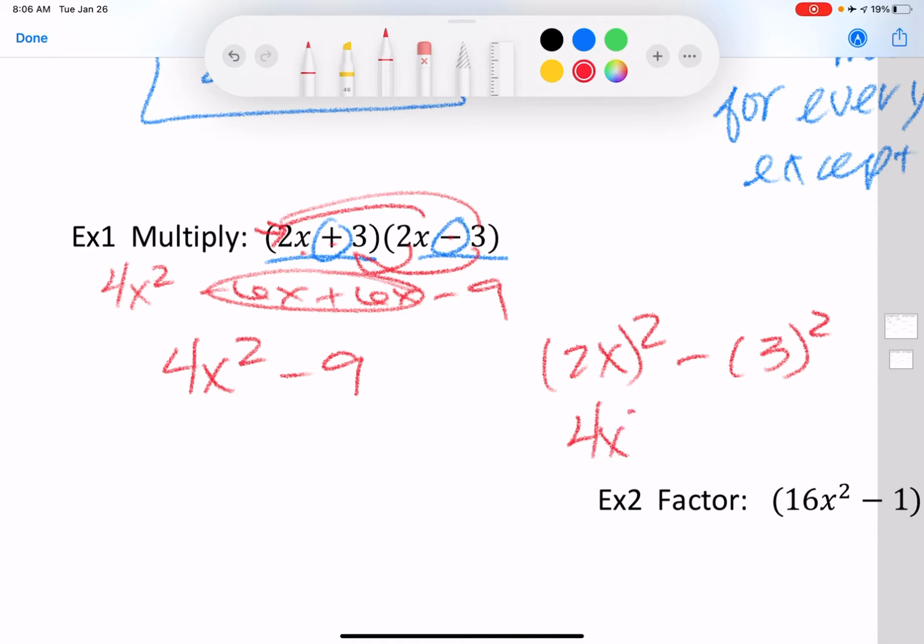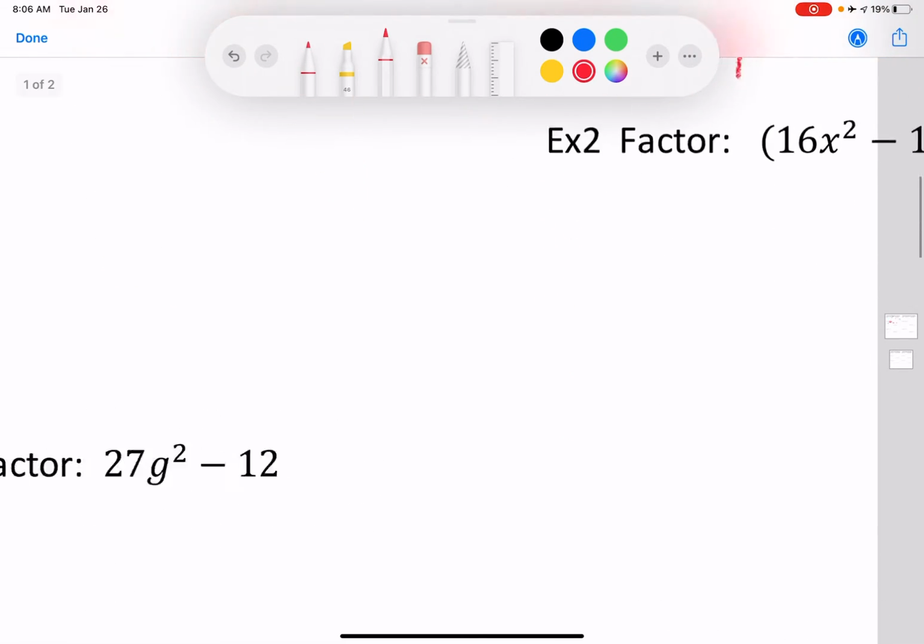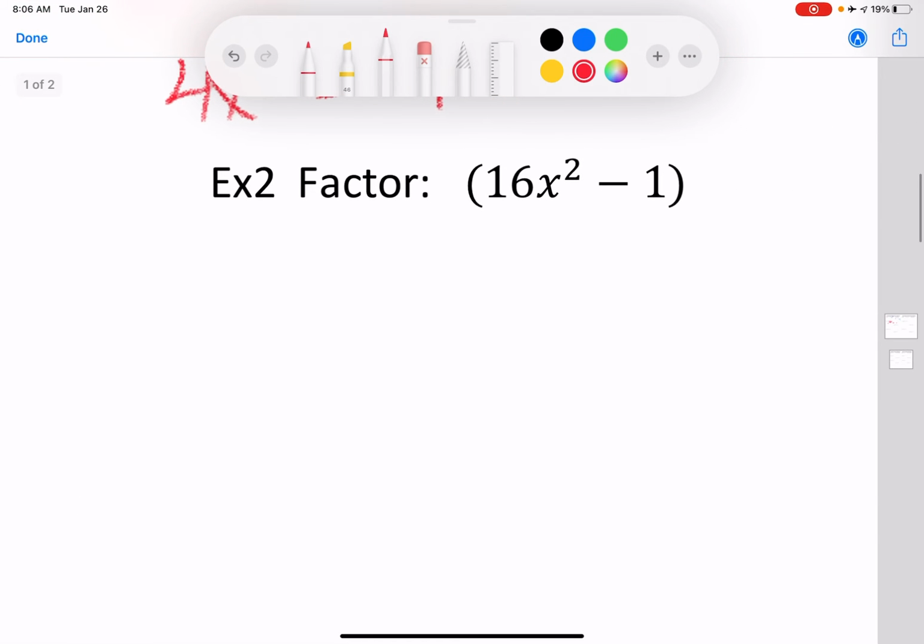You get 4x squared minus 9. It doesn't matter which way you do it, all right? If you think you're going to keep making the same mistakes with this, then don't do it this way. It does make your life easier for factoring, especially when you have something like this.